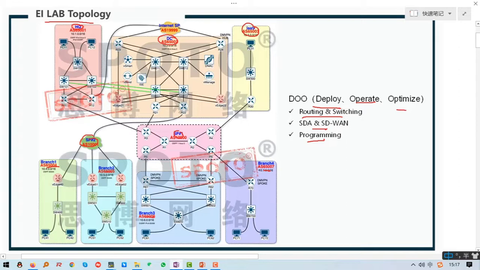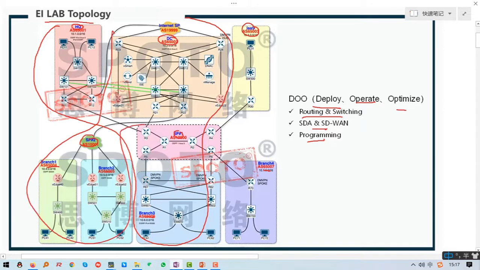HP. So among them, this module is mainly the routing and switching part, which first realizes the whole network communication, and this module is mainly examines the SDA and SD1 technology, and mainly manages and configures the equipment of the local area network and wide area network in a unified manner.